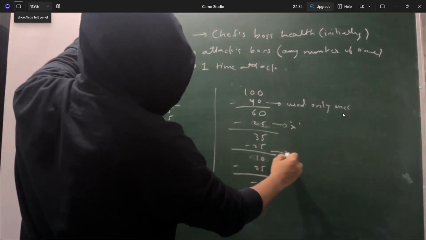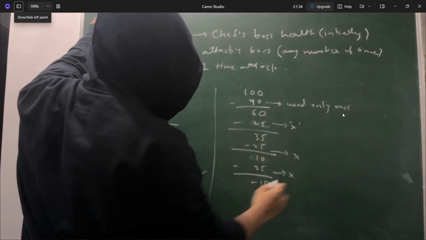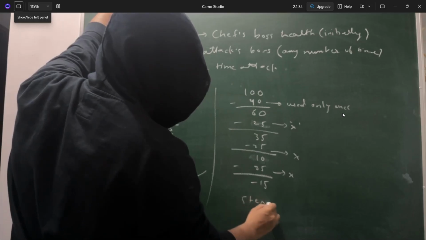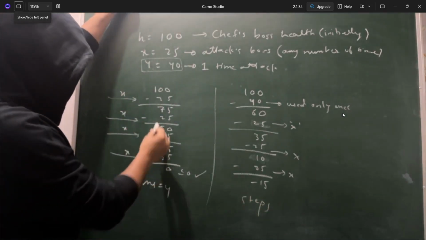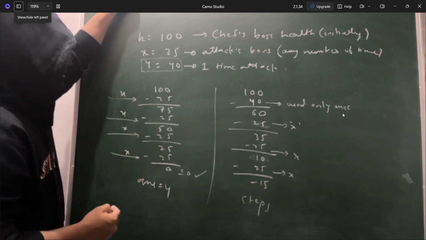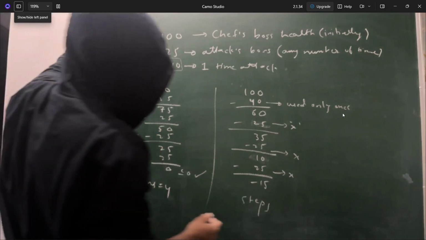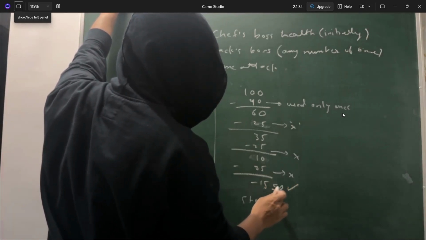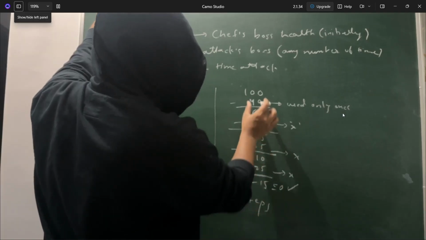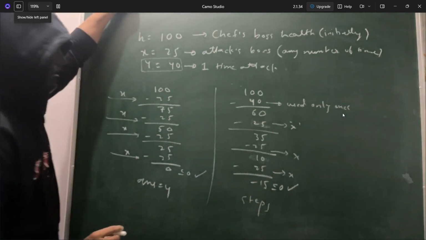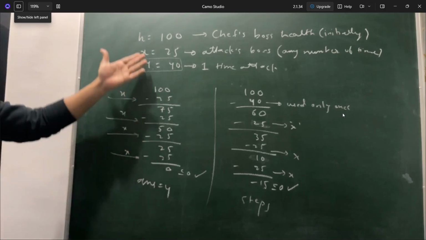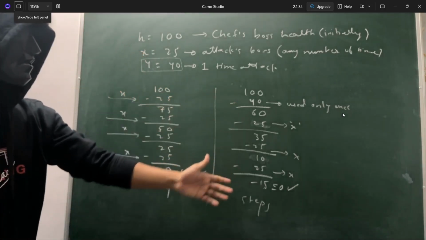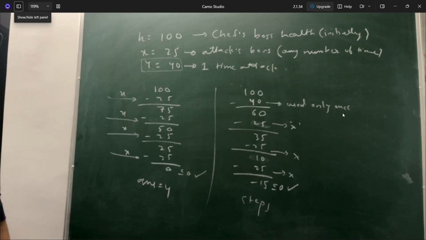Okay, in this case the answer is 4 only. But in some examples, if you use this y operation, the number of operations will be reduced. This minus 15 is less than or equal to 0, which is true. So this is one of the optimal solutions as well. But in this case, using only x or using y and x does not make a difference.